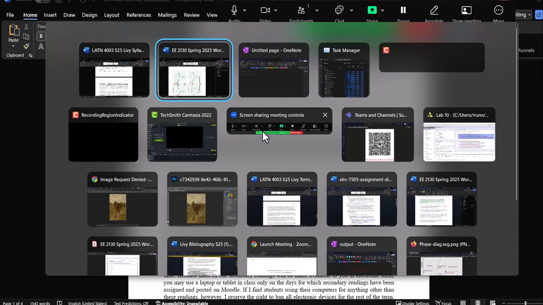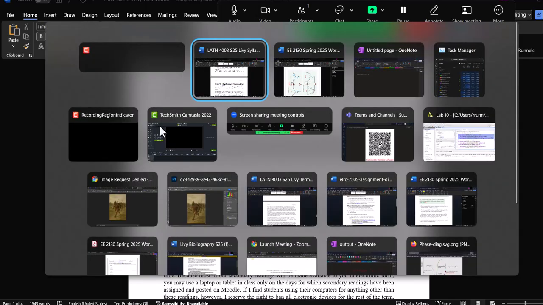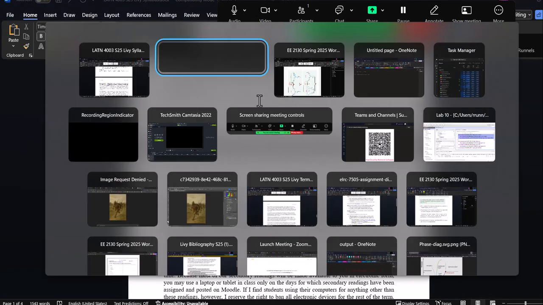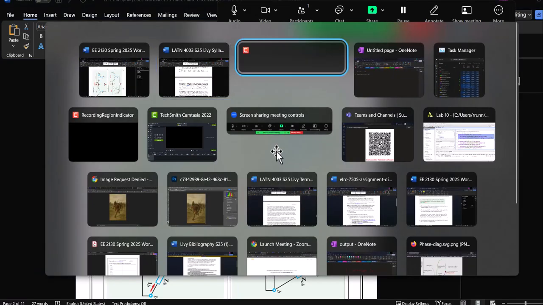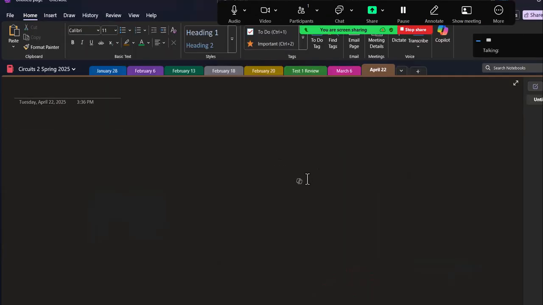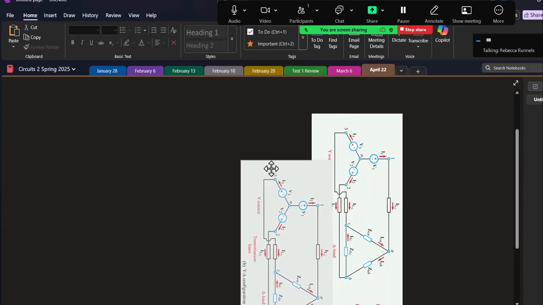Where is my Adobe? Not open. Is it under this? That's Word. I'll just grab it. Oh, can you not rotate in OneNote?